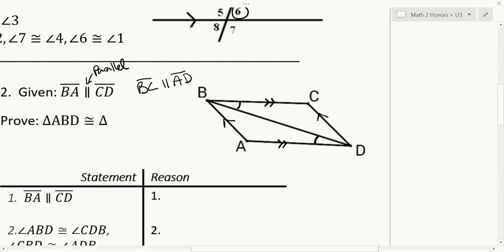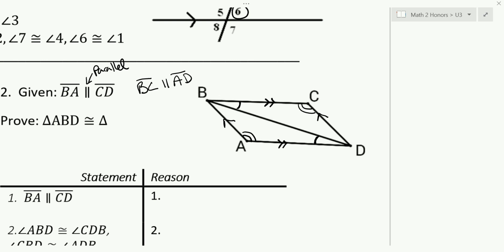Are there any other alternate interior angles in this picture? Which one? Angle A and angle C. So right here and right here would be alternate interior. If they're alternate interior, then two things have to happen. They have to touch a parallel side. Do they do that?